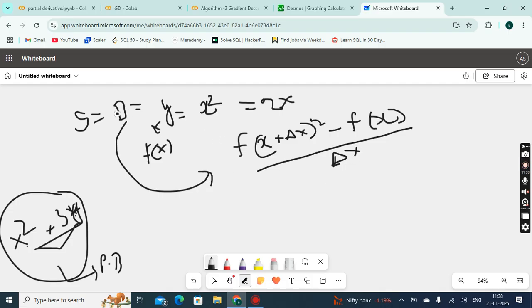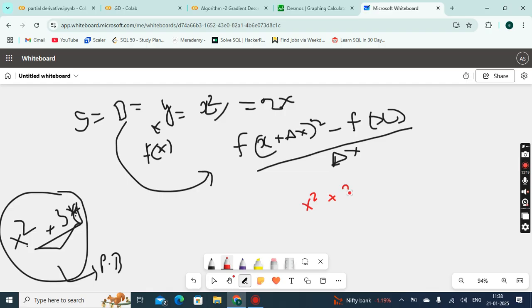This is the formula of the derivative. Now if you elaborate this, x is my x square, so I'm just replacing x with x square, and this is the (a plus b) whole square formula.